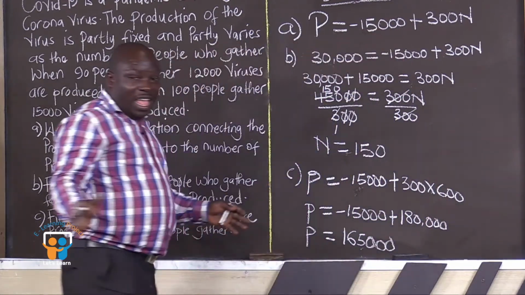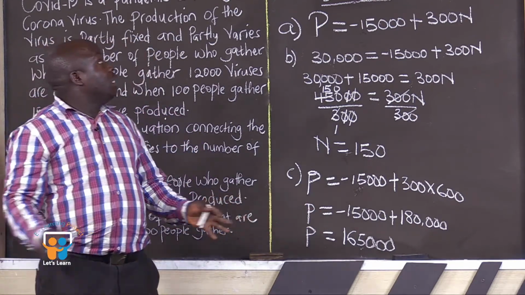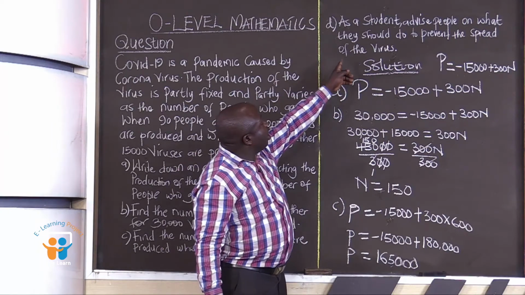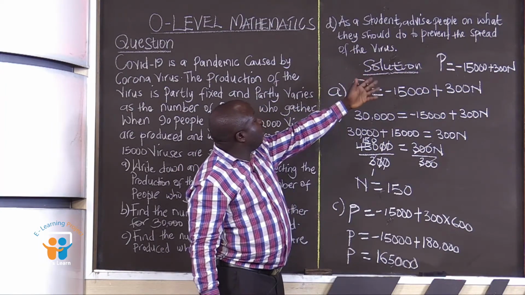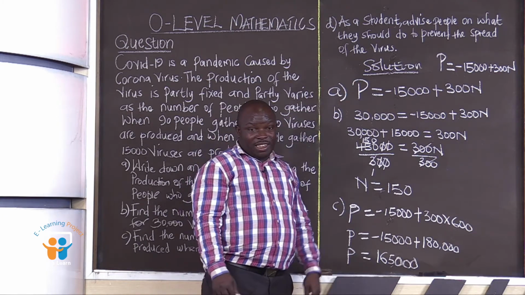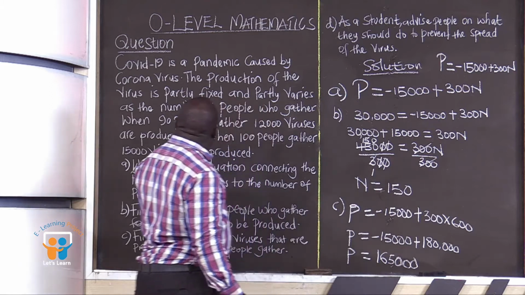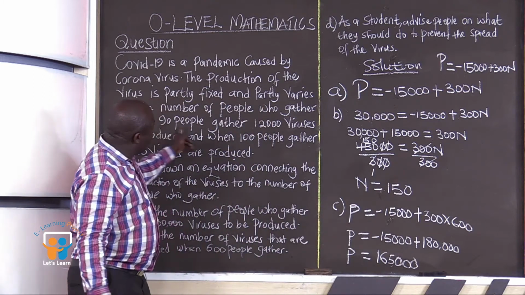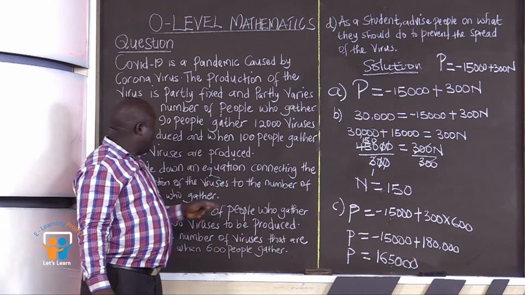Whenever more people gather, more viruses are produced. The last question is telling us, as a student, advise people on what they should do to prevent the spread of the virus. We have had 90 people producing 12,000 viruses.